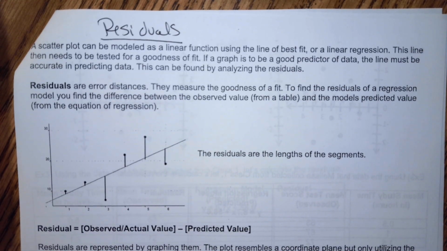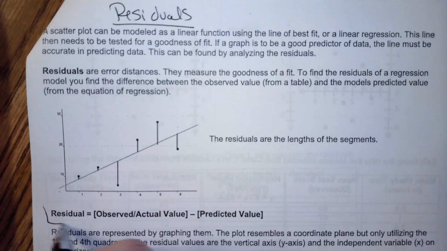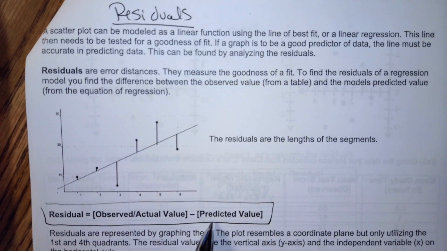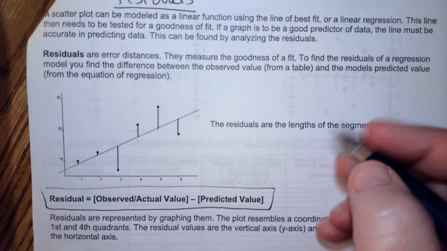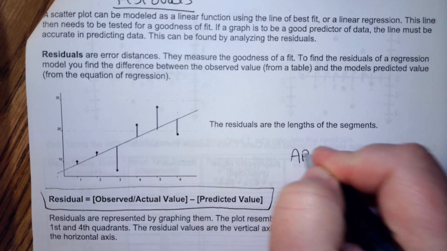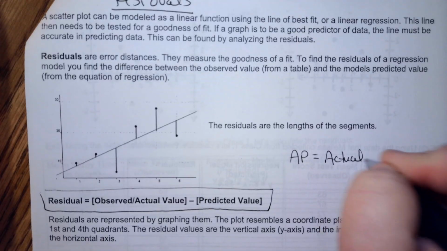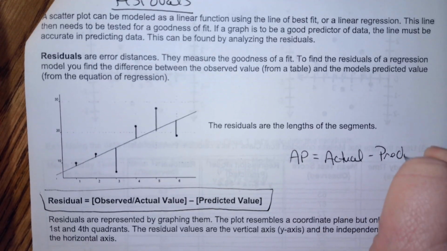The residual is equal to the actual value minus the predicted value. I used to say AP, like AP courses: actual minus predicted.